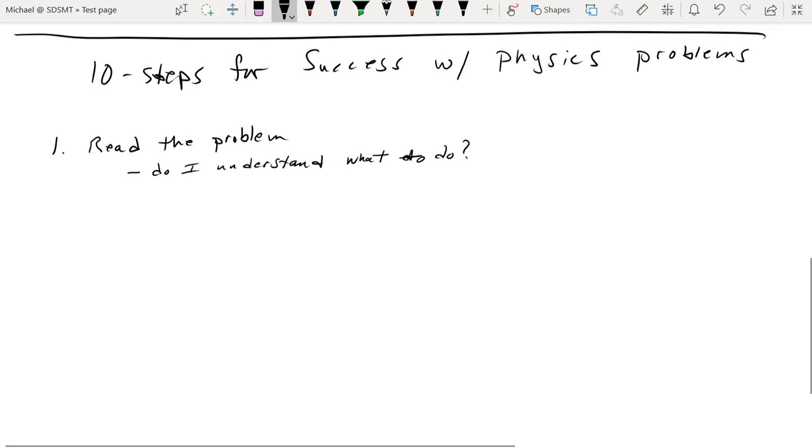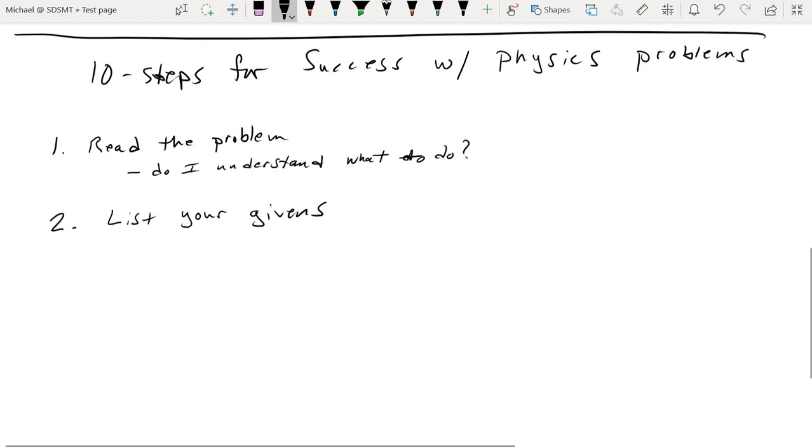But if we don't understand what it is that we're supposed to do, then what's the point in continuing with the problem if all we're going to do is just kind of trip over ourselves in trying to find an answer? So that's really the first step, is to read and understand what we are being asked to do. The second step, this is something that we can do at the same time as step one, and that is to list your givens.